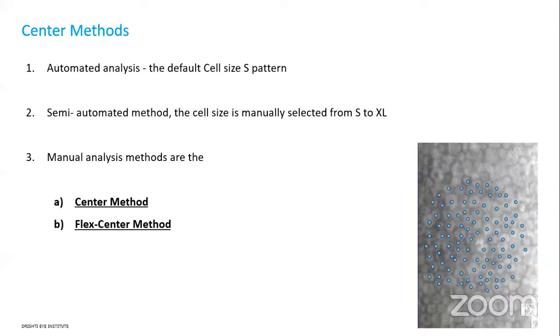I'm not really sure because, sir, to be very honest, the peripheral counts really don't matter much, unless we are looking at very early stages of Fuchs dystrophy where we are considering things like descemetorhexis.